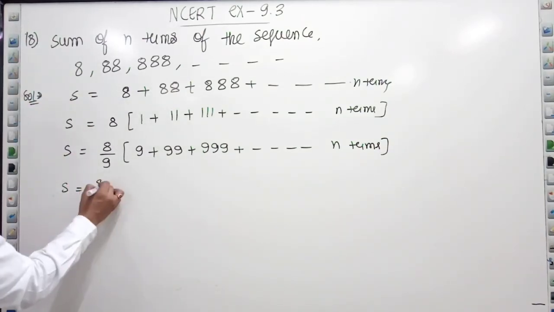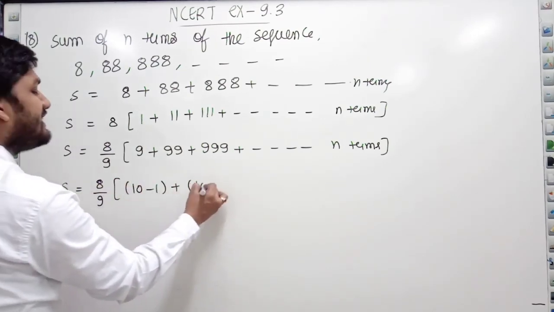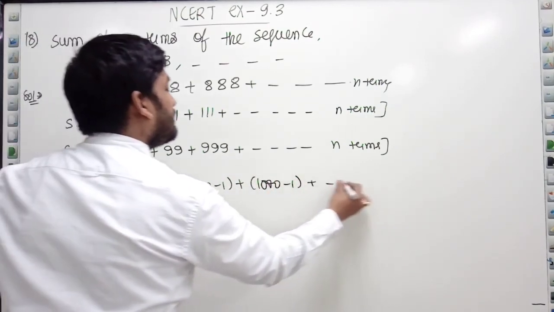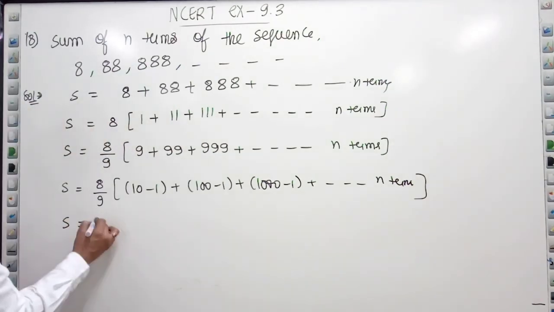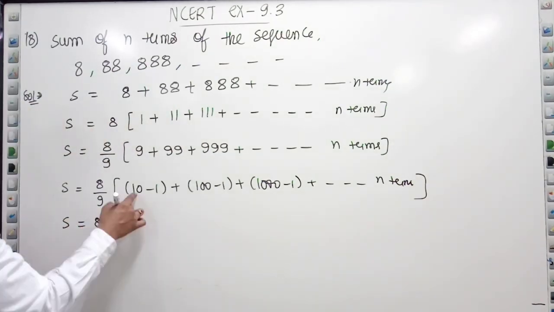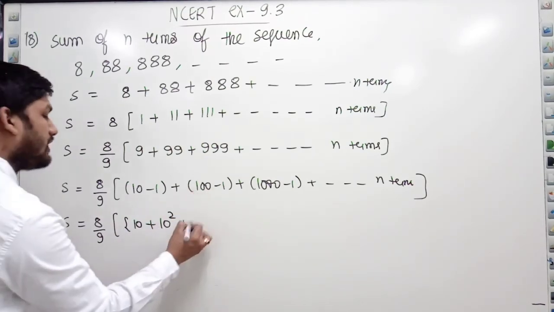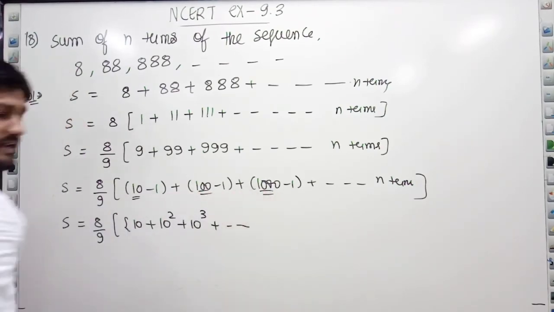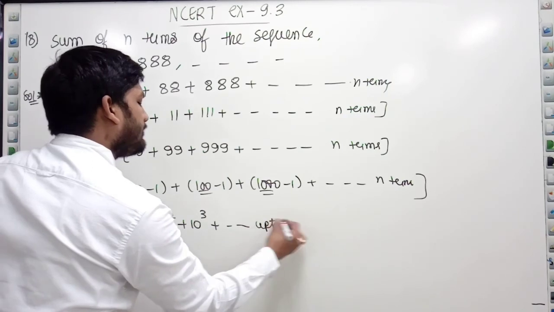So can I write this, the first term 9 as 10 minus 1, second is 100 minus 1, third is 1000 minus 1, plus dash dash dash n terms. Now we have 8 upon 9, and 10, 100 is 10 to the power 2, 1000 is 10 to the power 3, plus dash dash dash. First term I have written, so up to n terms.